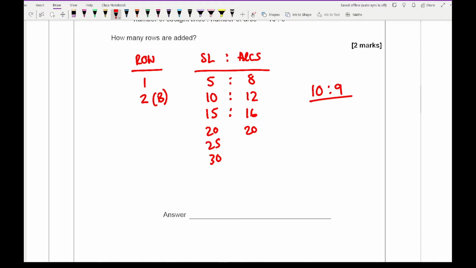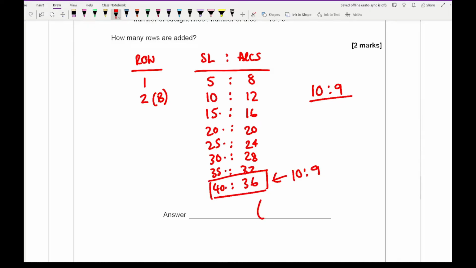So I've got 24 to 25, 30 to 28, 35 to 32, 40 to 36, and winner, chicken dinner, we've got 40 to 32, which is 10 to 9. So after how many weeks is that? Well, it's 1, 2, 3, 4, 5, 6. So the answer then is 6 weeks.